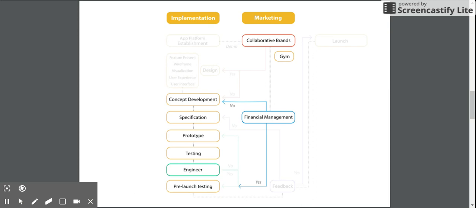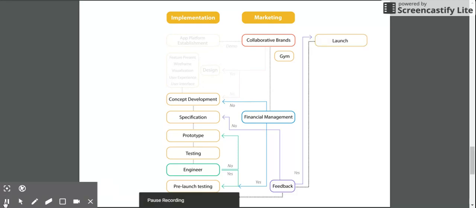We can specify the concept development, then we're going to do the prototype and test it. This is when engineers can be so valuable because they're able to find the bugs and relative errors in this prototype. If we're good with it, then we're going to start the pre-launch testing.